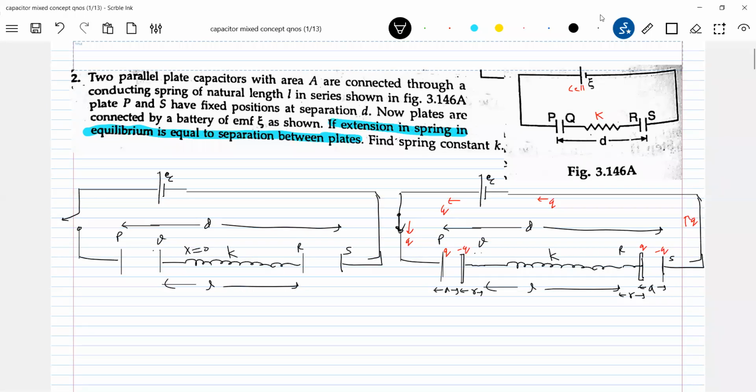So the total elongation of the spring is 2R. And it is given that the extension in the spring in equilibrium is equal to the separation between the plates. What is the separation between the plates? A, we assumed it A. So this X is equal to A. This is given. Therefore A is equal to 2R.